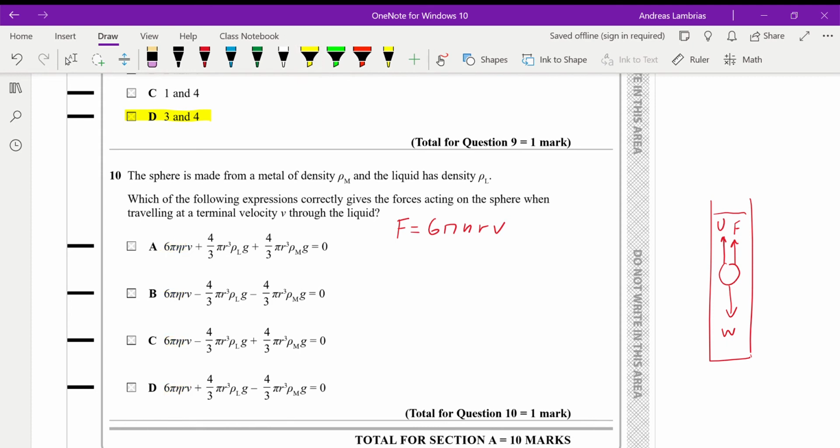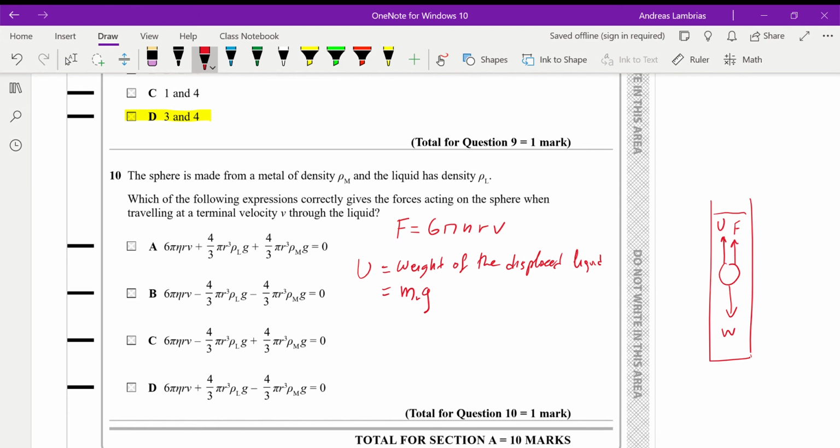Then we have to find the upthrust. Now, upthrust, we know, is equal to the weight of the displaced liquid. That's Archimedes' principle. So if we find the weight of the displaced liquid, we can find the upthrust. And we know that weight is equal to the mass of the liquid times g.